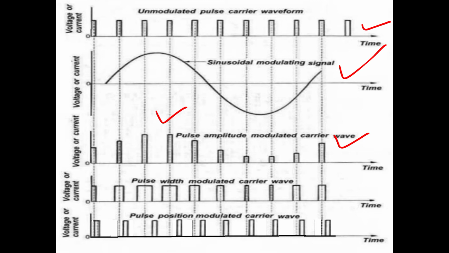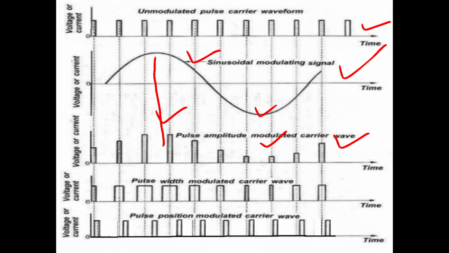Here observe, at this point we have maximum amplitude of the modulating signal, so the carrier also has maximum amplitude. But here the modulating signal has less amplitude, so the modulated signal is also of less amplitude.